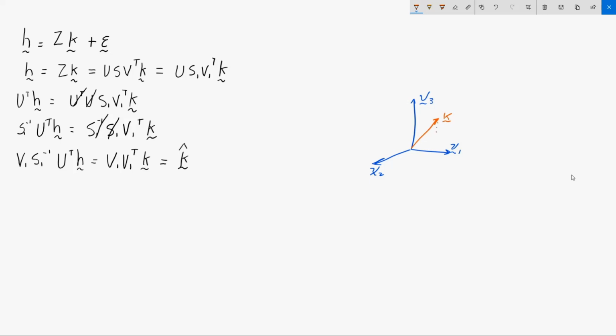What I have just calculated, however, is the projection of K onto the solution space. That's K hat. And that orthogonal projection operation is defined by the matrix V1 V1 transpose. So I have estimated the projection of reality onto the solution space. That then becomes the solution to my inverse problem, because this is as much as I can know of reality.